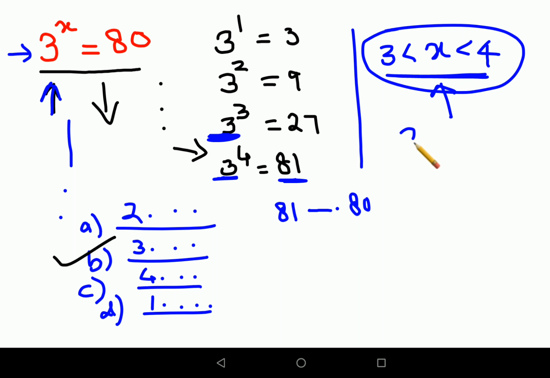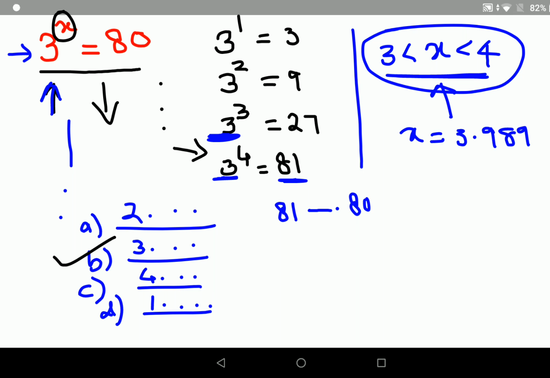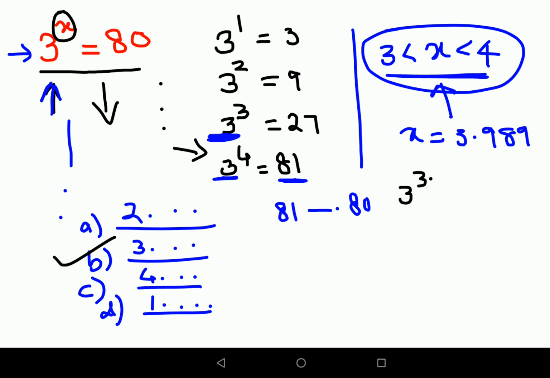So here the x answer we got was 3.989. Now if you plug in this value of x over here, we get 3 raised to 3.989. Your final answer comes out to be 80.1020307.